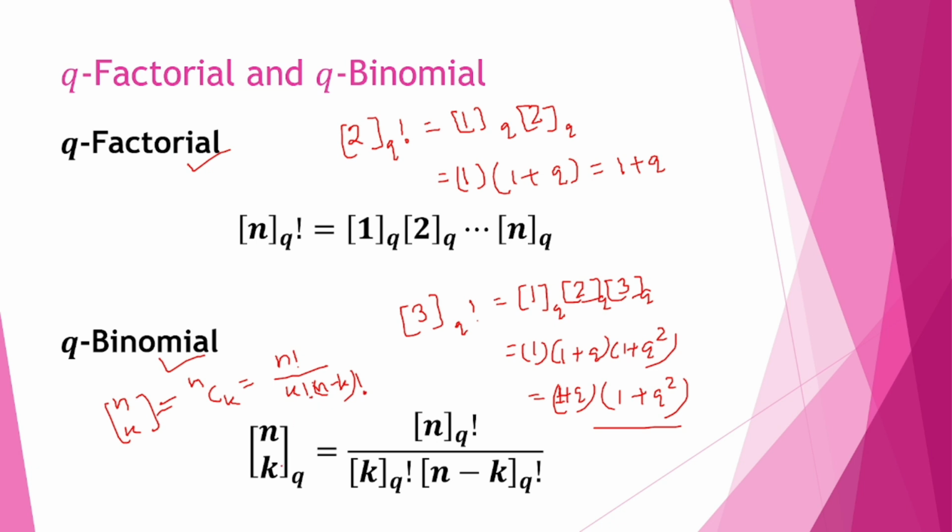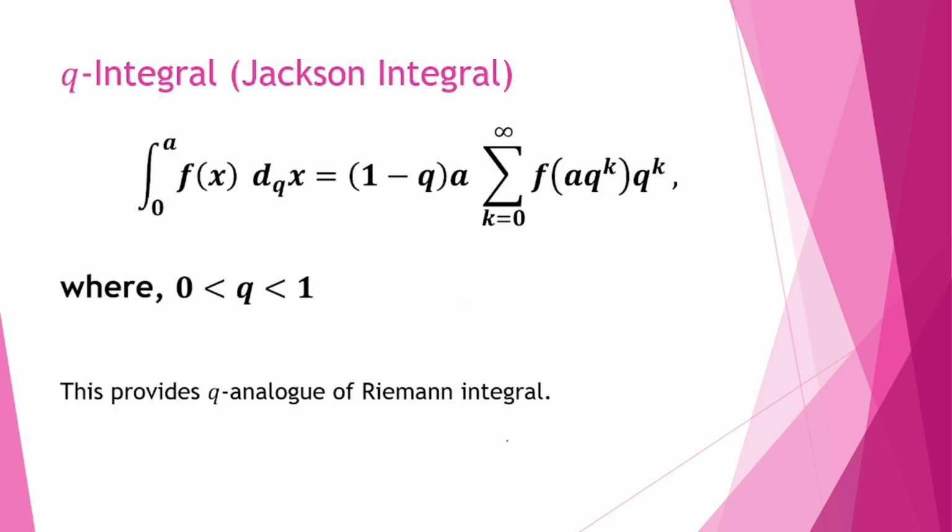So here we will use the factorial, and in the binomial expression, this (n k)q will be, in place of n factorial of the classical case, nq factorial, below kq factorial and (n minus k)q factorial. Okay. So these are the common definitions that we are going to use further.